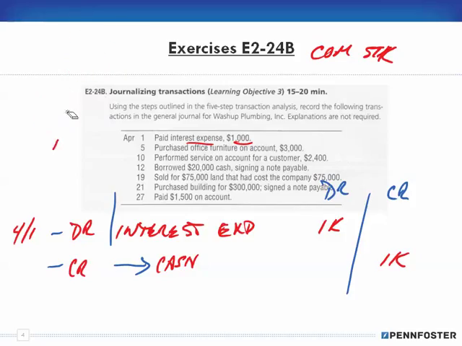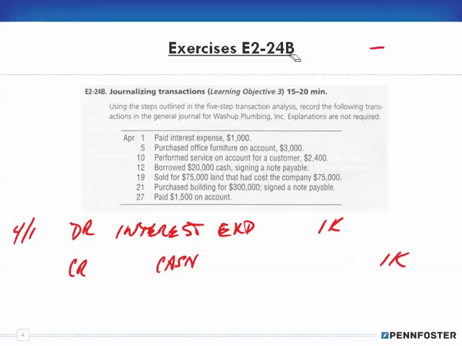Okay, so, and also notice that when I'm making these journal entries, if I go through my thought process, I end up backing into, like I figured out, that I have the credit to cash because that was the easiest for me to do, and I backed into this debit for interest expense. I am not going to cover the theory behind why I would make the debit to the interest expense, okay?